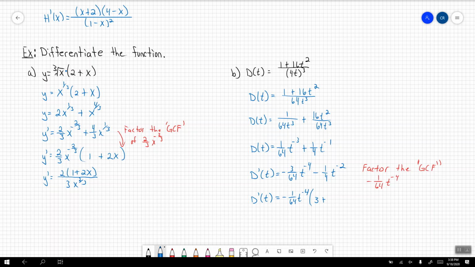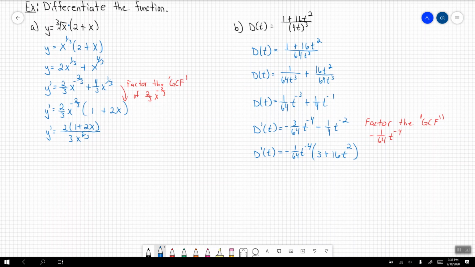And that was our answer of 16, because 16 divided by 64 gets us 1/4. And now I took out a factor of t to the negative 4, which means that when I redistribute, this will need to be an exponent of 2. That way, when we multiply t to the power of negative 4 by t to the power of 2, we add those exponents and get negative 4 plus 2, which is negative 2.